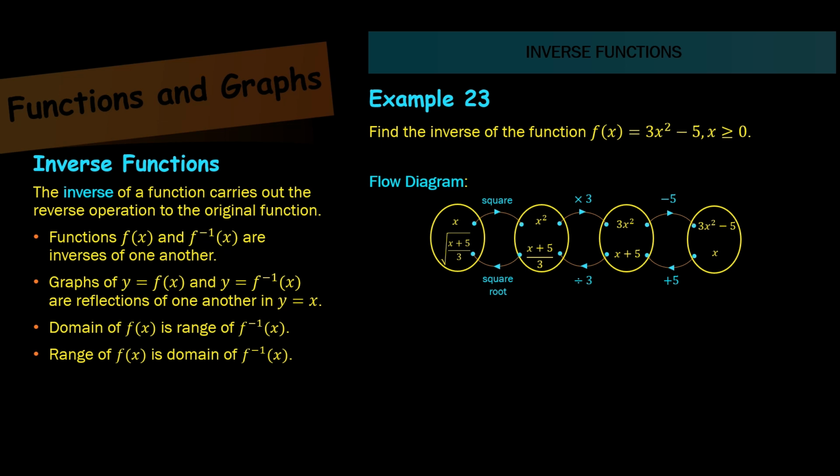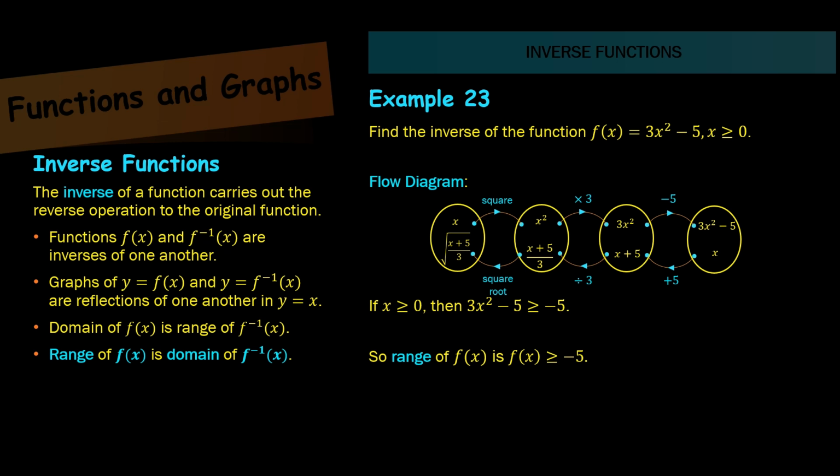So if x is greater than or equal to 0, then 3x squared minus 5 is greater than or equal to minus 5. Therefore the range of f of x is f of x greater than or equal to minus 5.